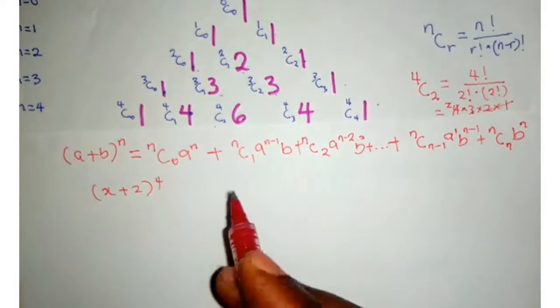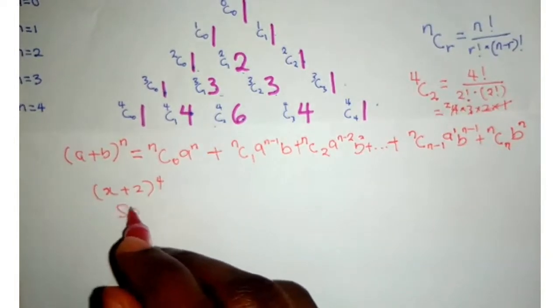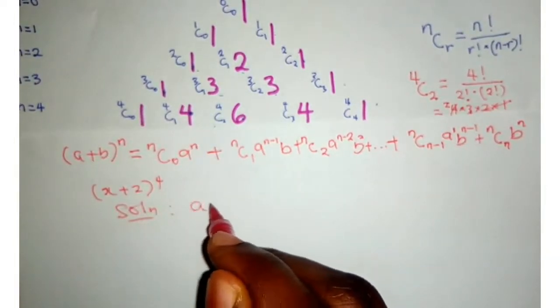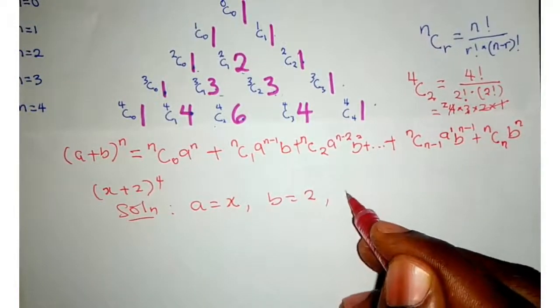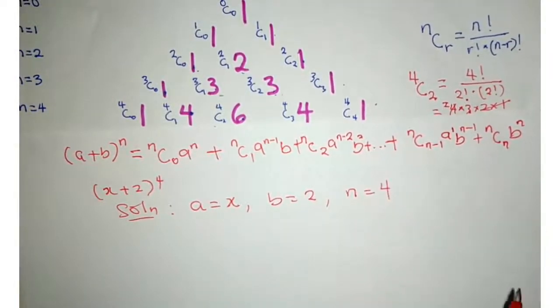So in this case, a equals x, b is 2, and our n is 4.